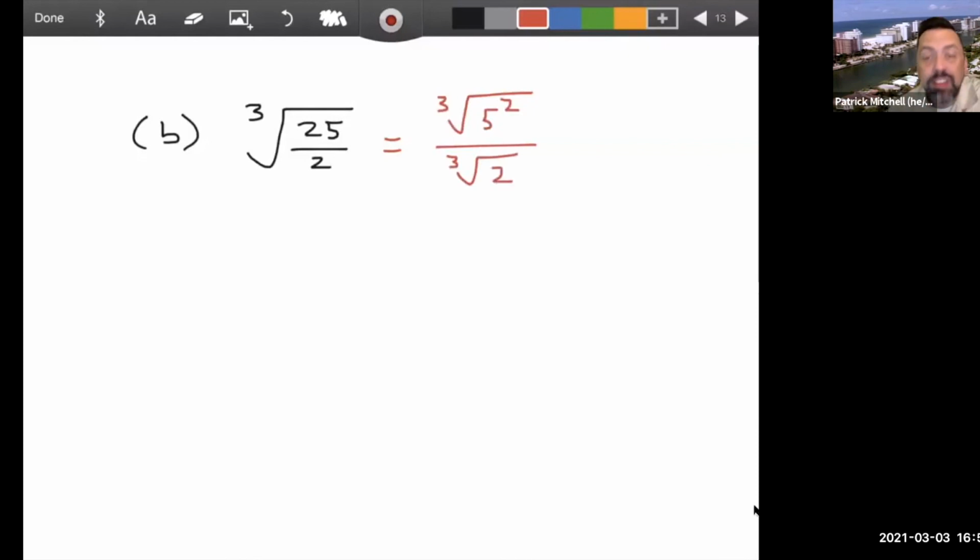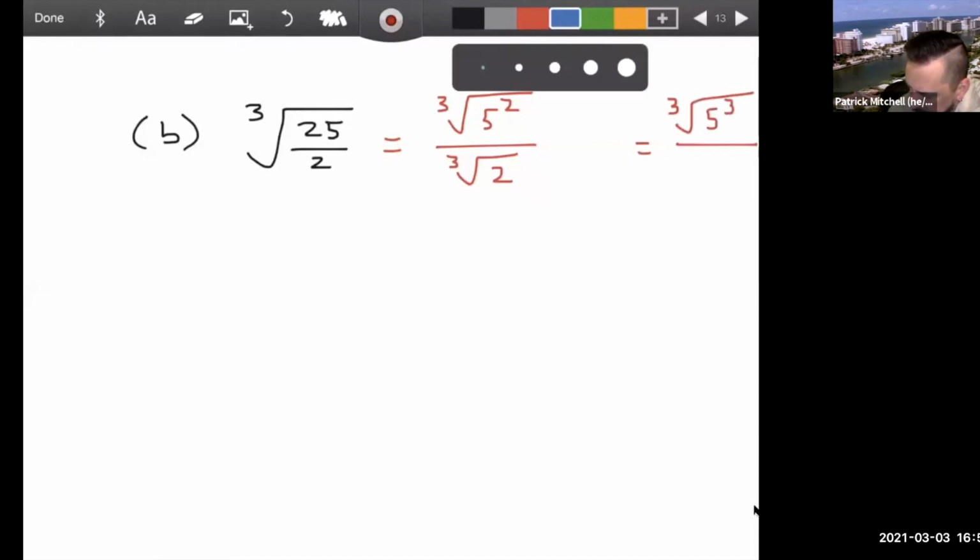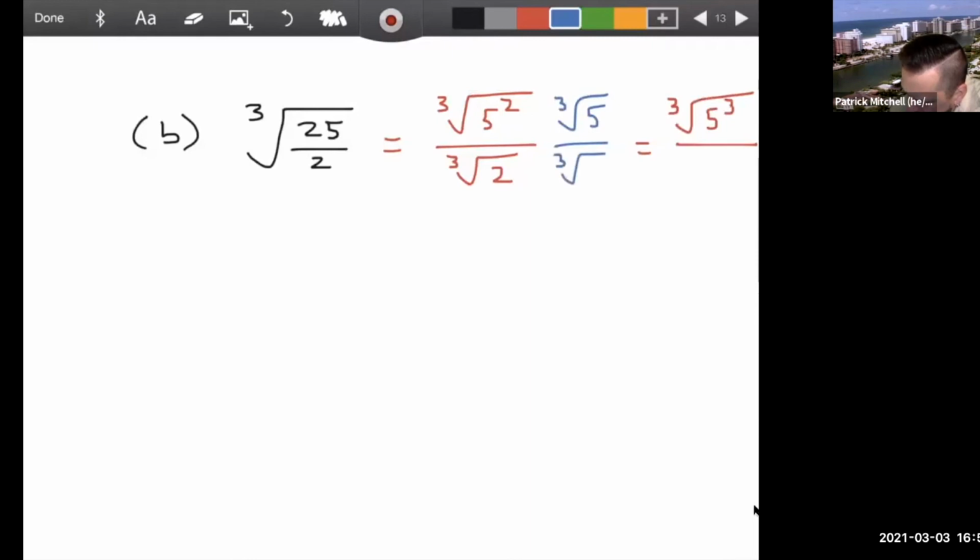Okay, because since this is not a square root, this is one of those cases where we're going to have to think about making the radicand a perfect, in this case, third power. So we need that radicand to be 5 to the third. All right. And how we're going to do that is we're going to multiply the top and the bottom by the cube root of 5. Right? We already have 5 squared. We just need one more 5.